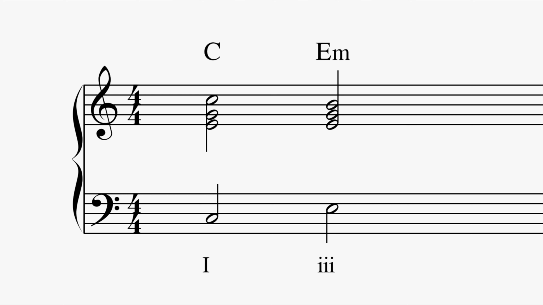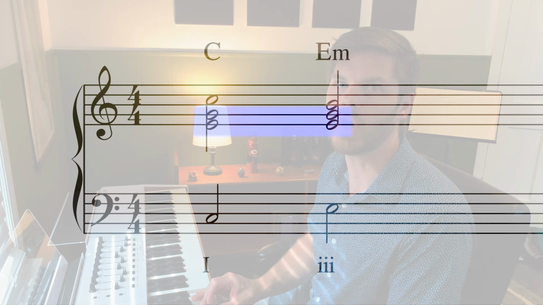Okay, so first of all, let's talk a little bit about mediant-related chords. If I take a chord like C major, and I keep 2 pitches in common but move to another triad, E minor, which has E and G as common tones, those 2 chords are said to be related by mediant relationship.